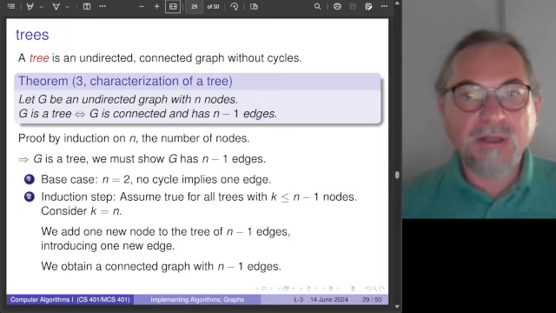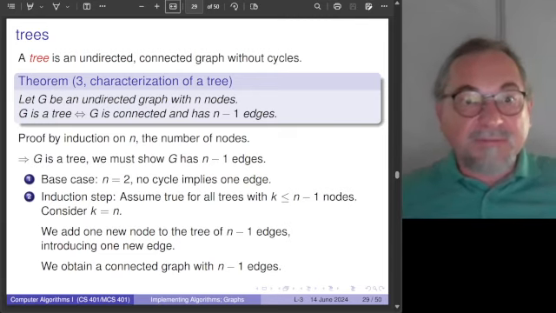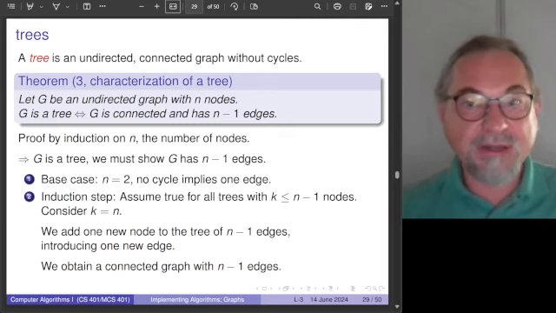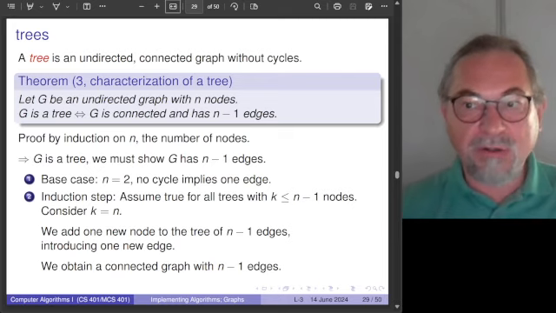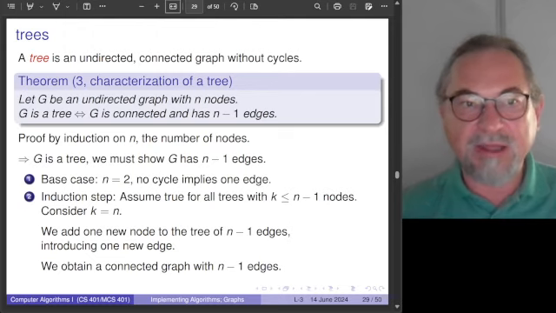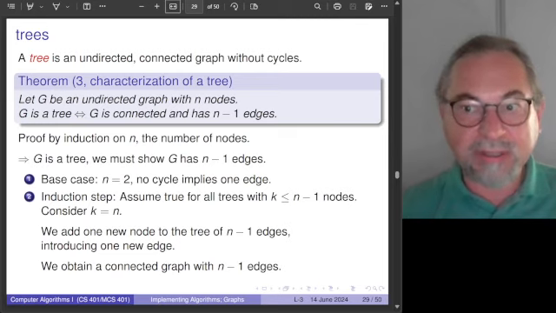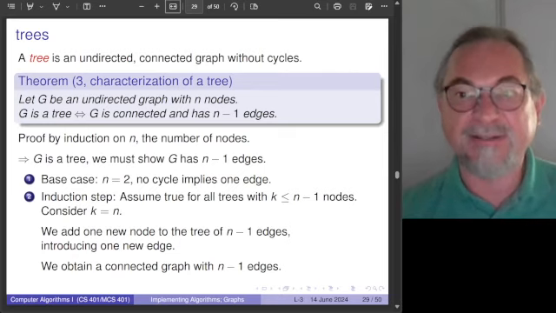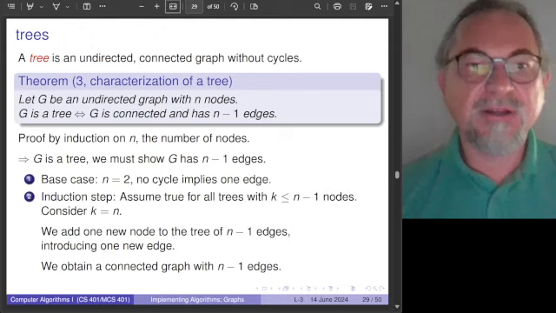Now the theorem that I will prove here gives an important characterization, or if you like, a property, but it's more than a property. It doesn't take too much to see that if you have a tree on n nodes, you can have no more than n minus 1 edges, and actually that you have exactly n minus 1 edges.